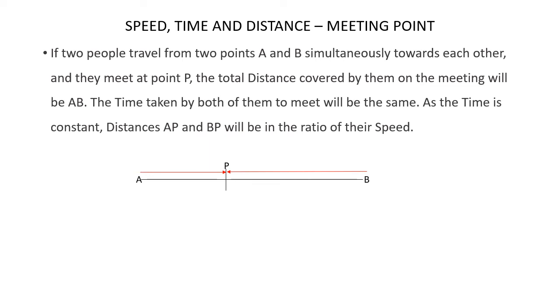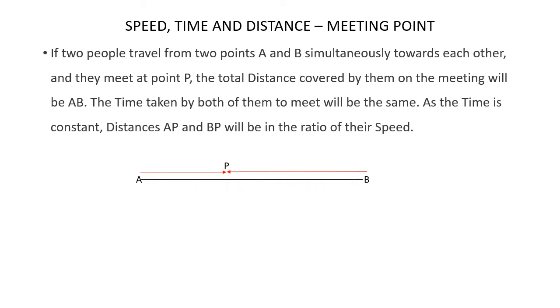Now supposing a person starts from A in this direction and another person starts from B in this direction and they meet at point P. The total distance covered by these persons on the meeting will be AP plus PB, which is nothing but AB.